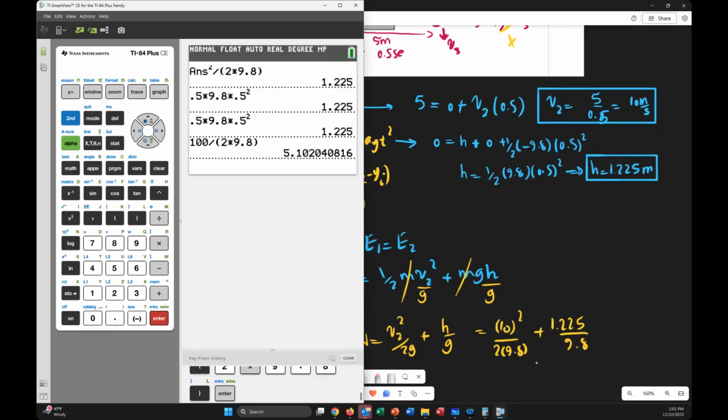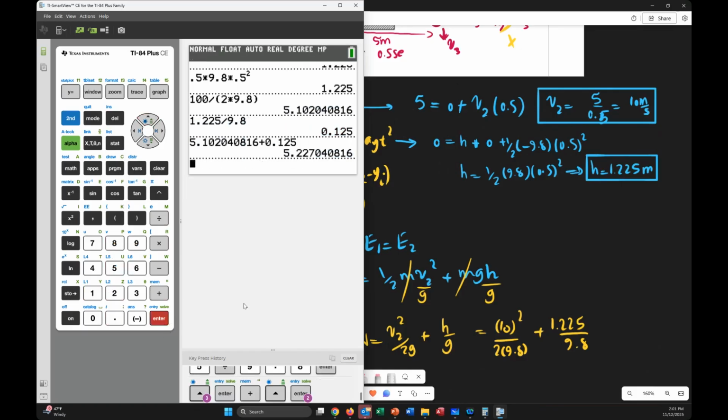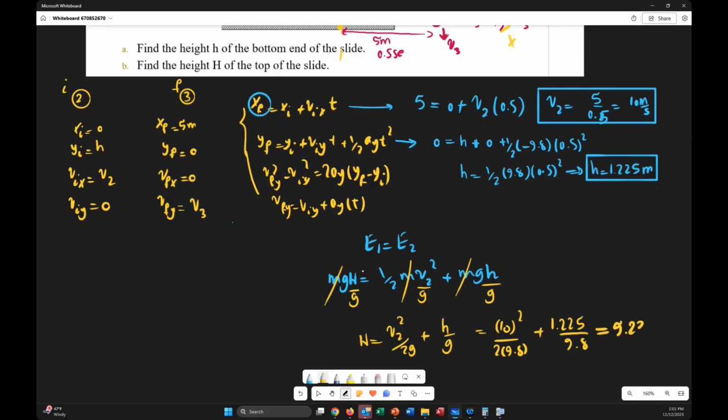The first term is this value, and the second term, 1.225 divided by 9.8, is this value. Now we add these two values together: 5.10 plus 0.125 gives 5.23 meter.